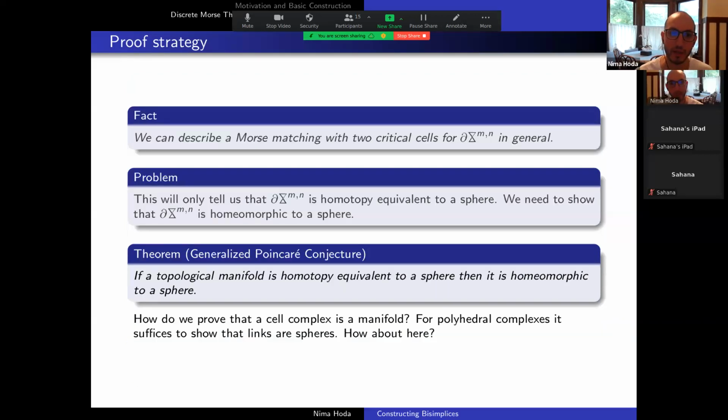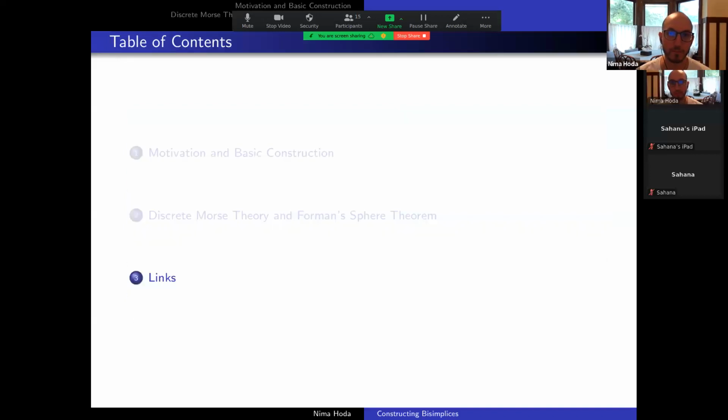Well, luckily we have the generalized Poincare conjecture, which tells us that it suffices now to show that the boundary of the bisimplex is a manifold. Well, how are we going to do that? In the case of a polyhedral complex, you would check that links of vertices are spheres. But we don't have a polyhedral complex here. How do we do that here?